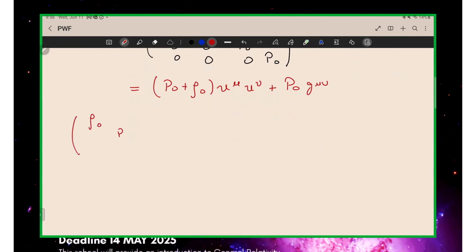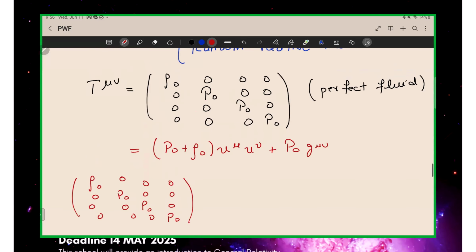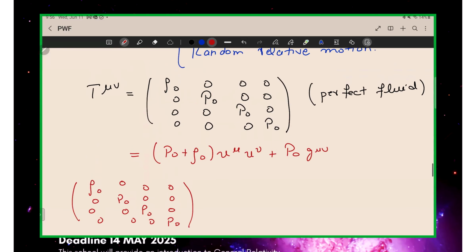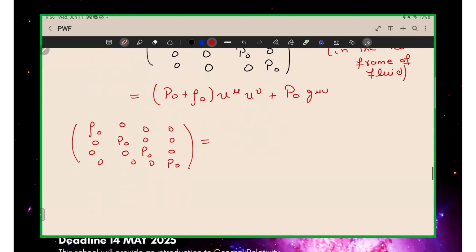So if you start like this, by the way, I didn't mention that this is in the rest frame of the perfect fluid. So, perfect fluid in the rest frame of the fluid, you can write this down as follows.